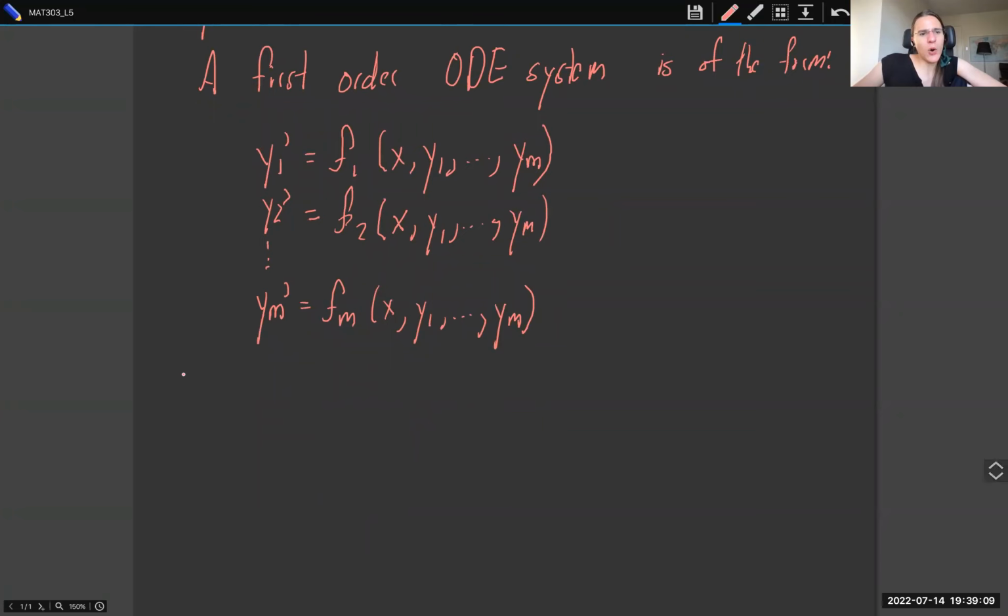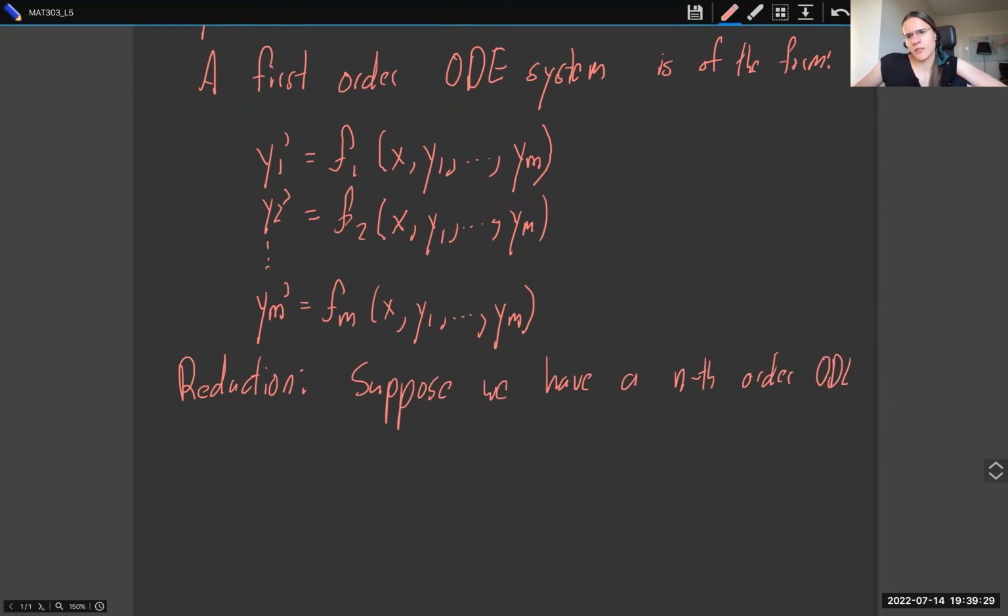So now here's a reduction. Suppose we have an nth order ODE. And that equation is going to be y to the n equal to f of x, y through to y to the n minus first derivative.